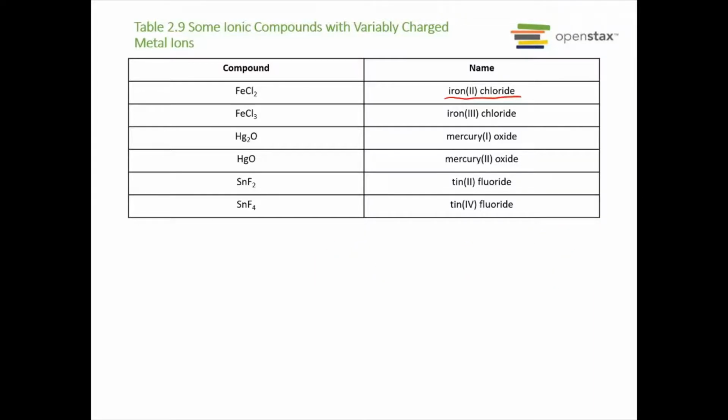Let's look at this Hg2O. Mercury has some weird properties. In that Hg2 is almost a polyatomic ion, but it's one of the ions that it can form. I know it's really bizarre.